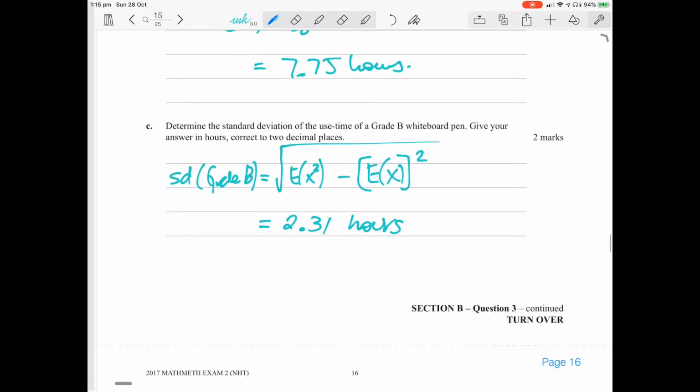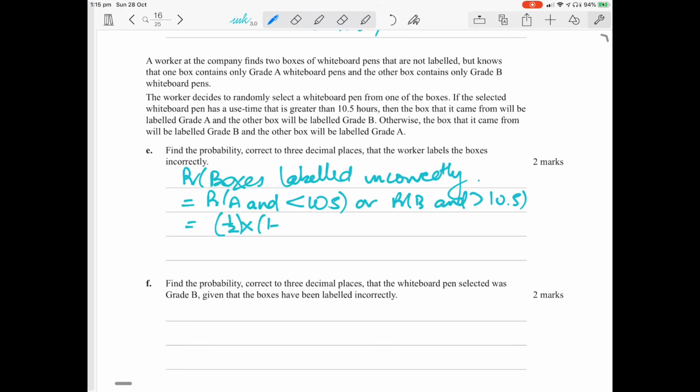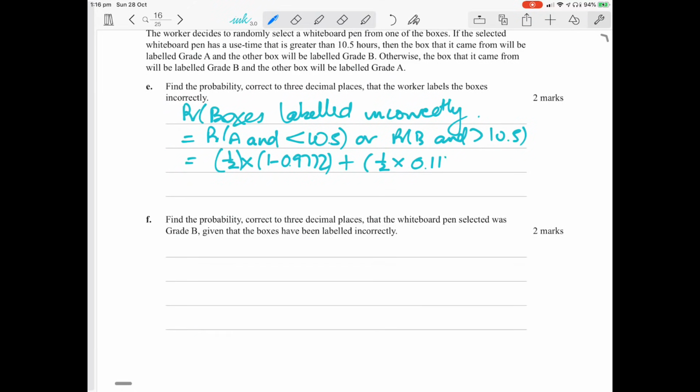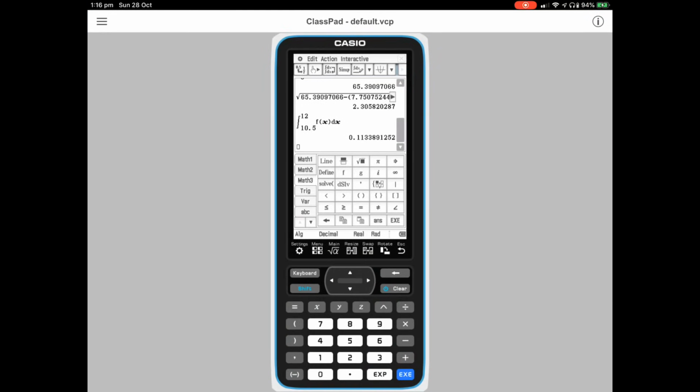So that's greater than 10.5, so 1 minus 0.9772, plus the probability of B, which is a half, times greater than 10.5, which is 0.1134. Times a half.